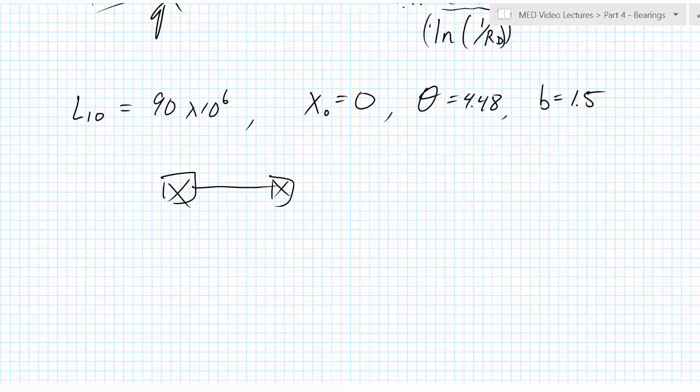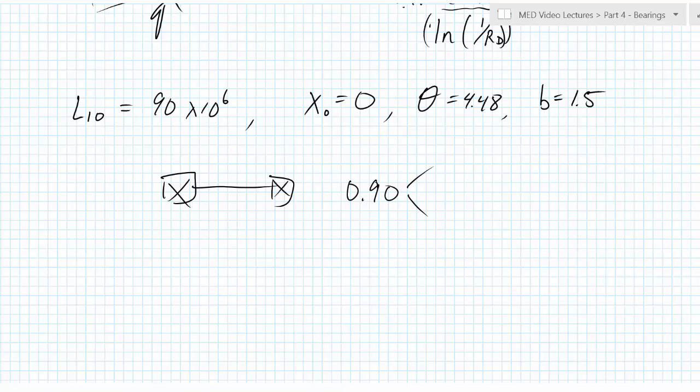If we have two bearings on a shaft and we want to receive a total reliability of, say, 0.90, we could do that in a couple different ways. Any two numbers that multiply together to get 0.90 would get us that value, and we would have to decide what we want our reliability to be.